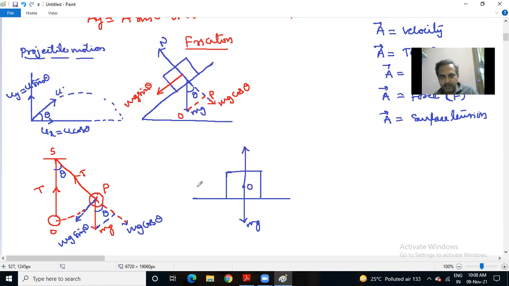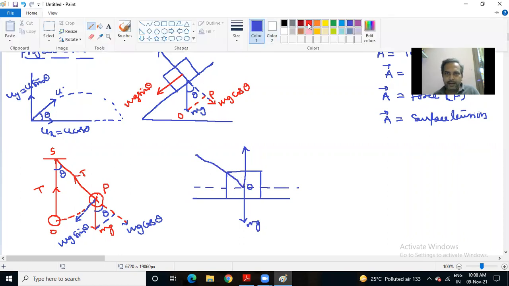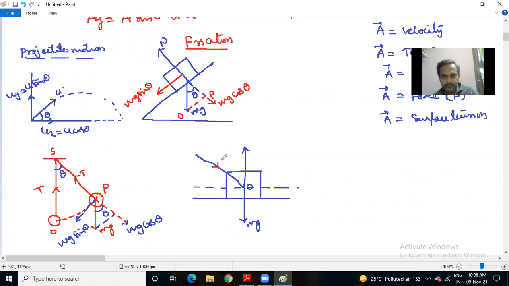Suppose a force is applied at an angle theta with the x-axis, so this force tends to act in this plane. Therefore, this is also theta.